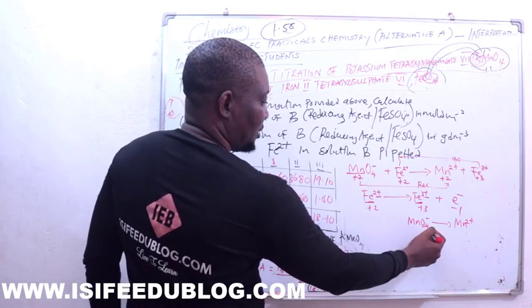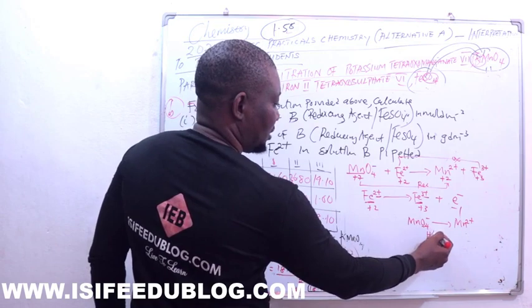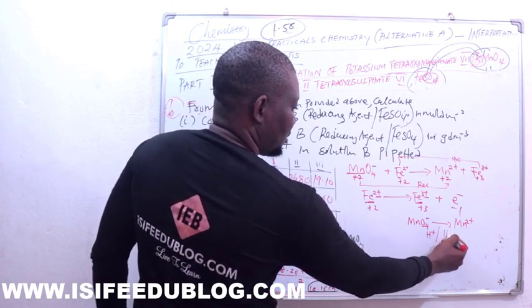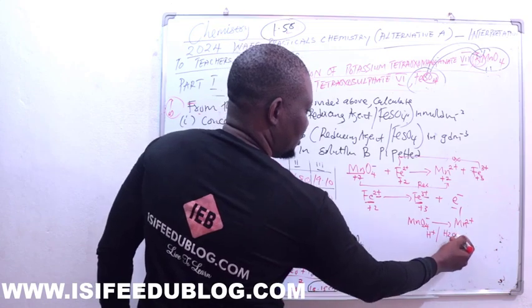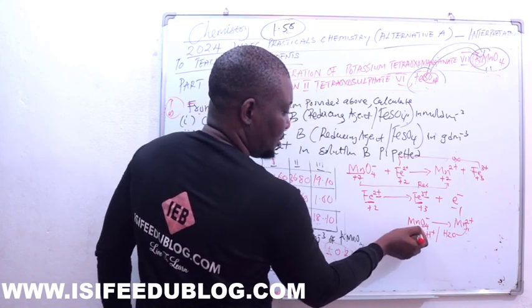So in a redox reaction like this, this side is going to carry this, and this side is going to bear this.